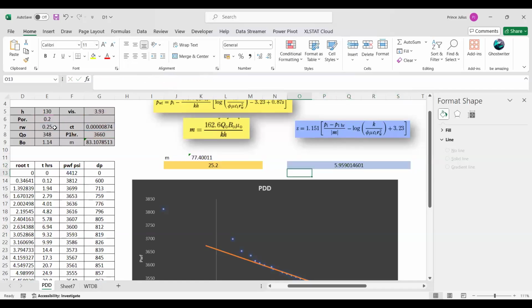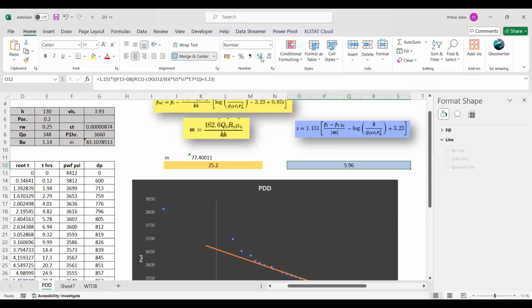So you have actually a positive value of skin factor that we already discussed. What is the positive value of skin factor? It was showing to be 6, or 5.96. So that means the well was considered to be damaged. There is damage around your wellbore, so that has to be fixed to increase the production.